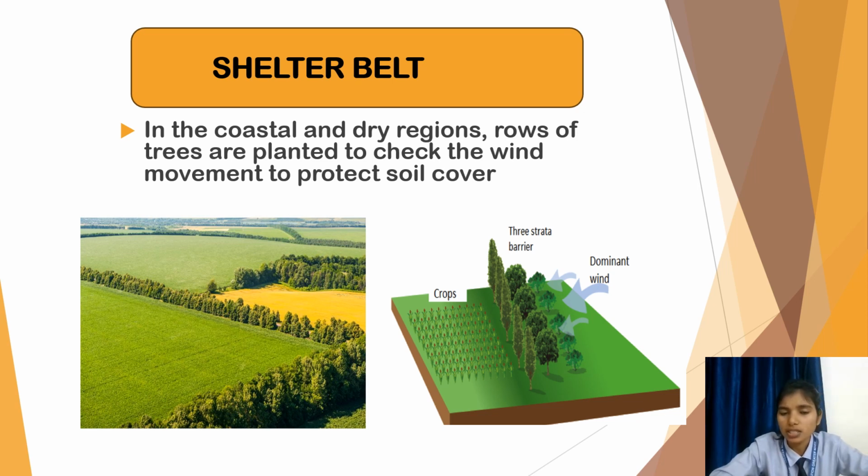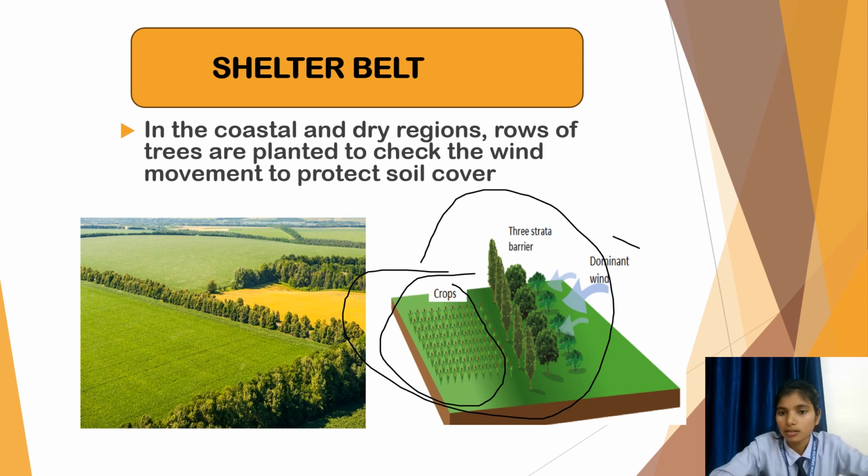As you all have seen in this diagram, here are the crops and here the wind is coming at high speed. The shelter belt is drawn due to which the wind is not able to affect the crops. Okay, students.